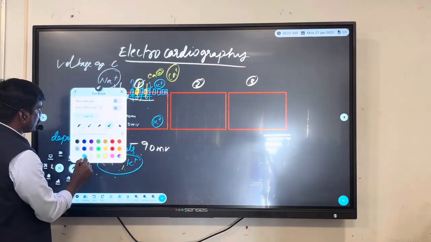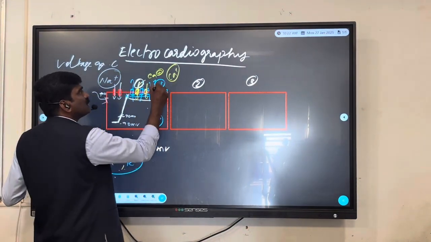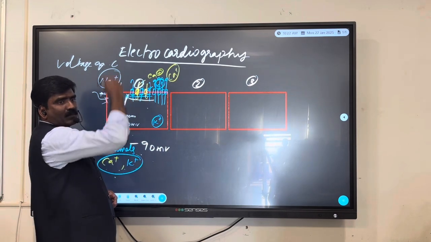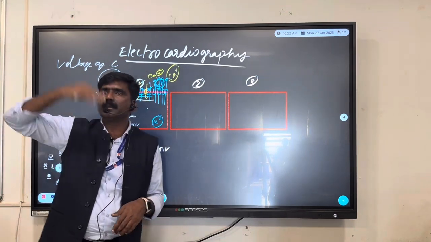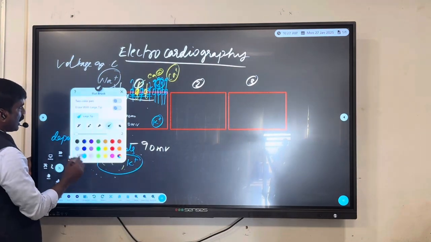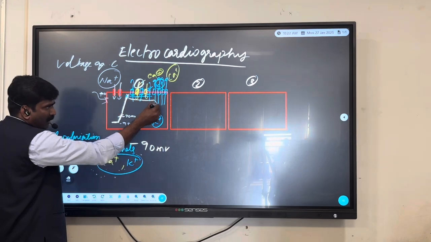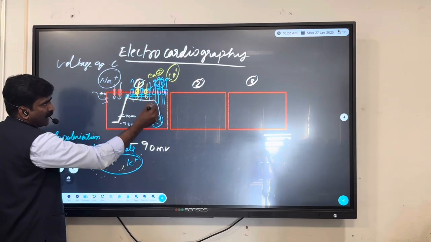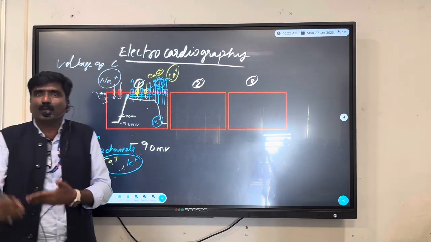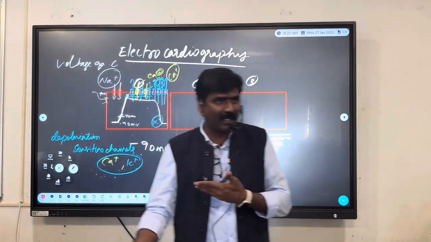So now what will happen? The cell will lose what? Potassium. So the cell is now losing the positive charges. So again what will happen? The cell will become negative, or the cell will go back to its negative polarity.